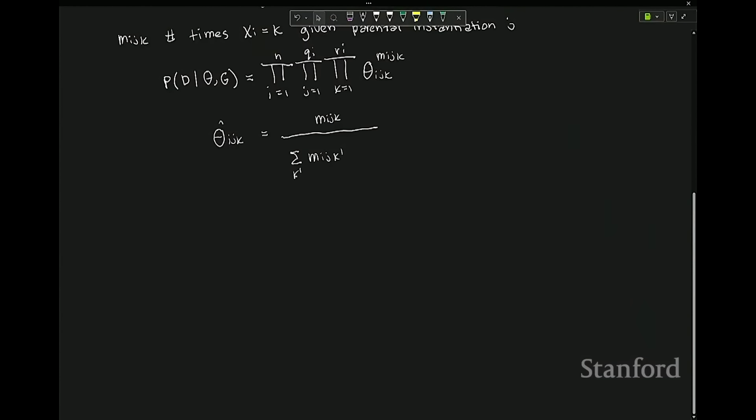So if these are binary, we would have 1,1, 1,2, 2,1, 2,2. And as I mentioned earlier, the ordering you put them in that table doesn't matter. You just need to do it consistently. So then here, the first one would be this row where they're both 1. All right, great. So that's how we would get our parameters if we're using maximum likelihood estimation.